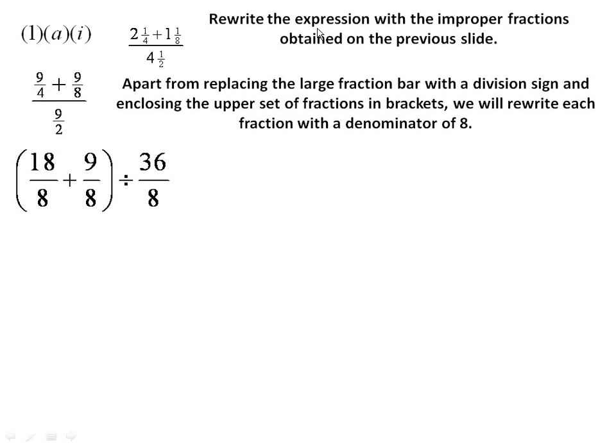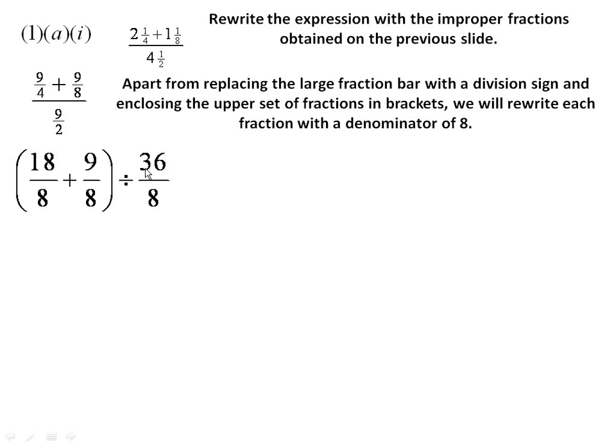In order to get this to be 8, we are converting to the common denominator of 8. In order to get this to be 8, we multiply 2 by 4. 2 multiplied by 4 is 8. We cannot do that without multiplying the numerator by 4 also. So 4 nines, 36.